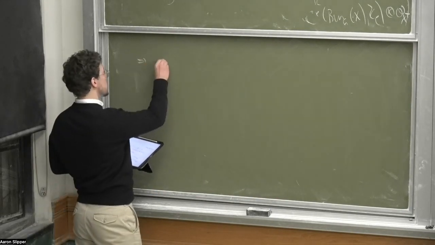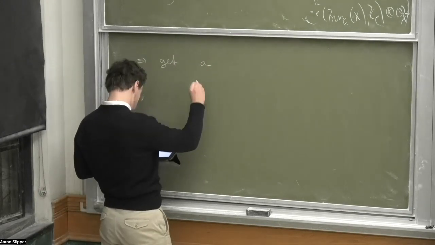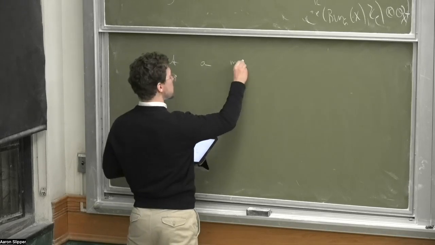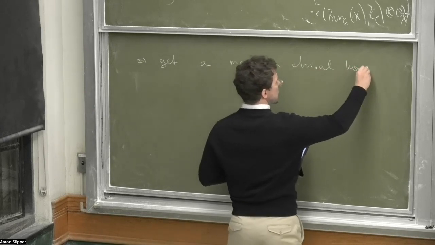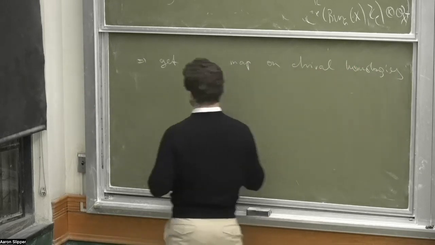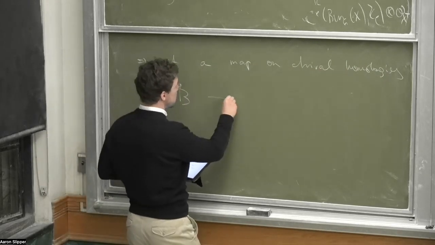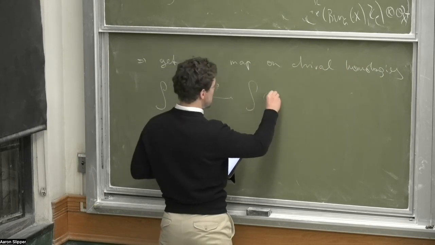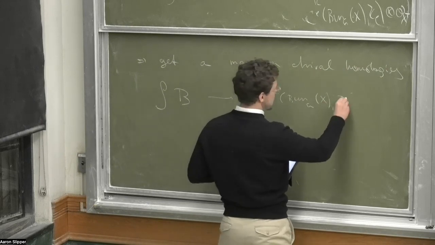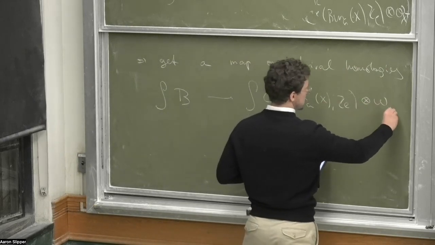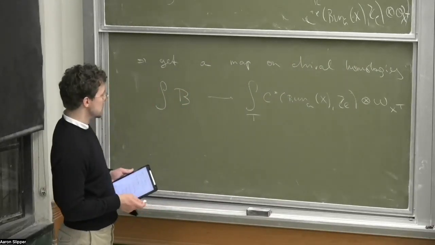So the implication is that we get a map on chiral homologies like this. So integrate over the Ran space and map to homology BunG X and X to the T. So this expression taken over T.